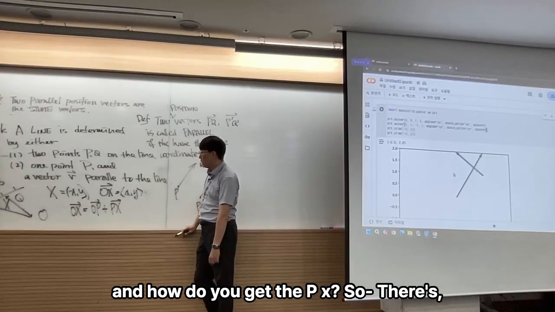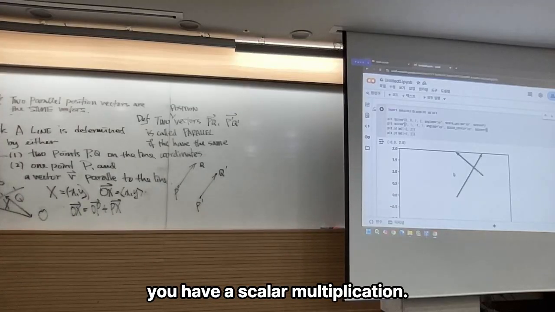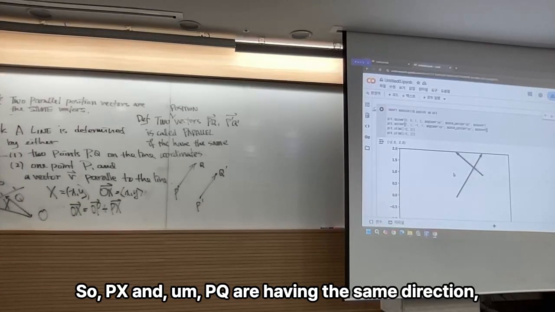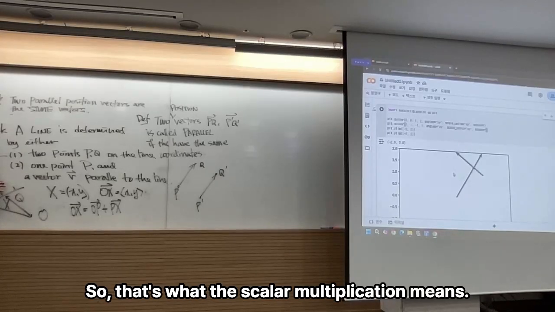And how do you get PX? That's where you have scalar multiplication. PX and PQ have the same direction, differing only in size. That's what scalar multiplication means.